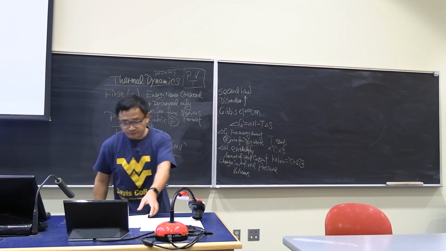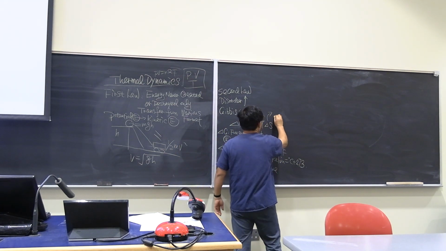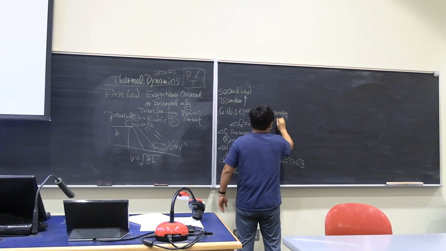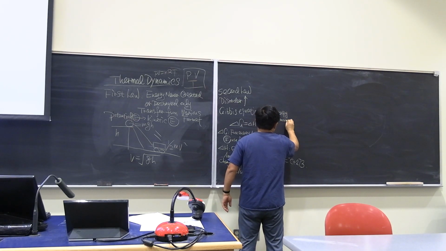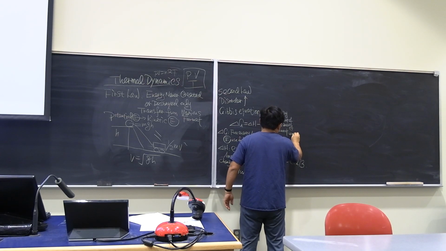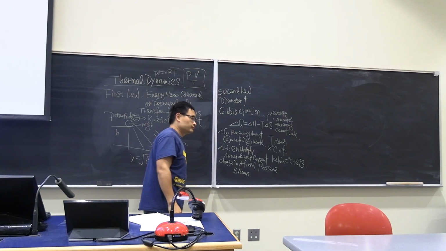That's called Kelvin. It's a little bit different. What is delta S? Entropy. That means the amount of energy that cannot work.